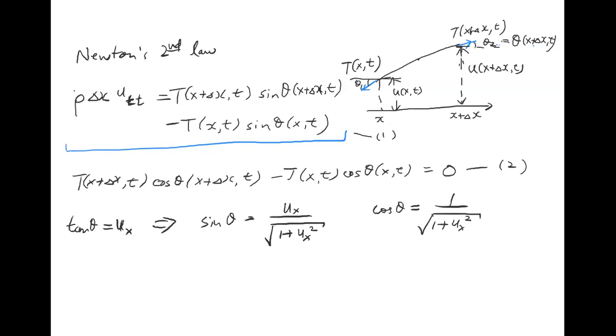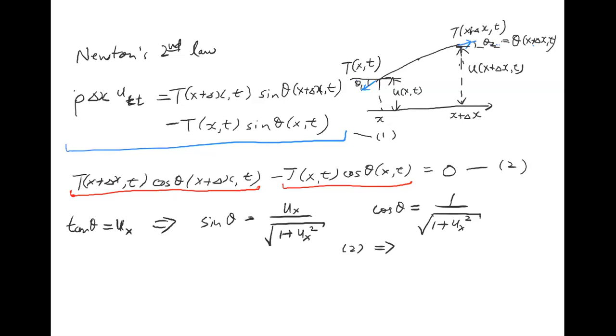So plug in, from equation 2, I can get this. Equation 2 will imply, look at this. So this is exactly this function, right? You cannot see, I'm pointing. So this function, this product of T and cosine theta, evaluated at x plus delta x and t, and the same function, the product of T and cosine theta, evaluated at x and t.